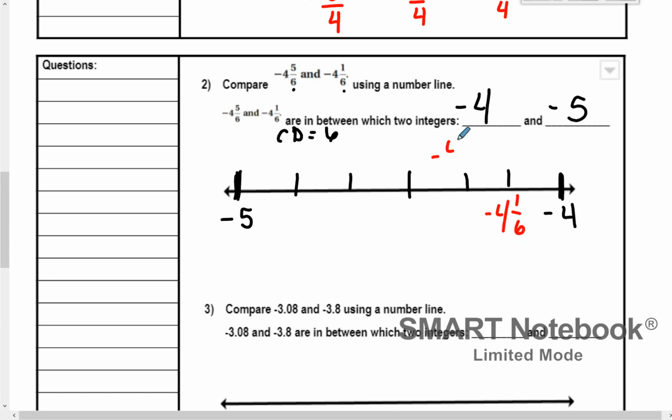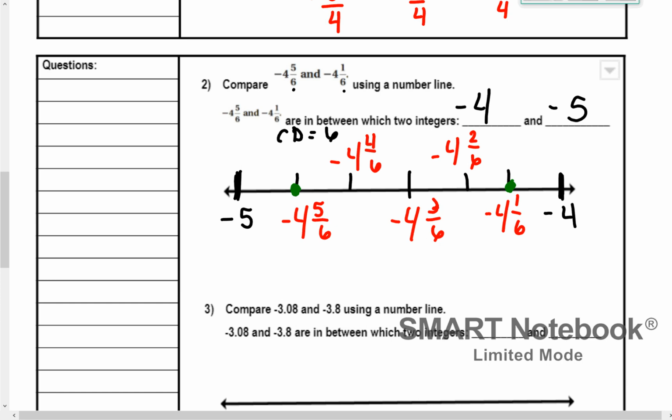Okay, -4 and 2/6, -4 and 3/6, -4 and 4/6, -4 and 5/6. Okay, we are going to plot or graph our -4 and 5/6 and -4 and 1/6.